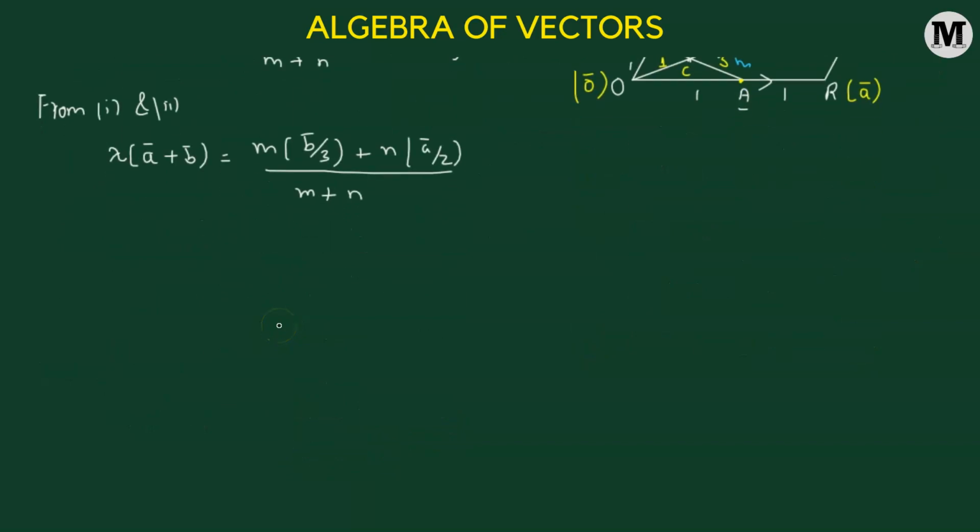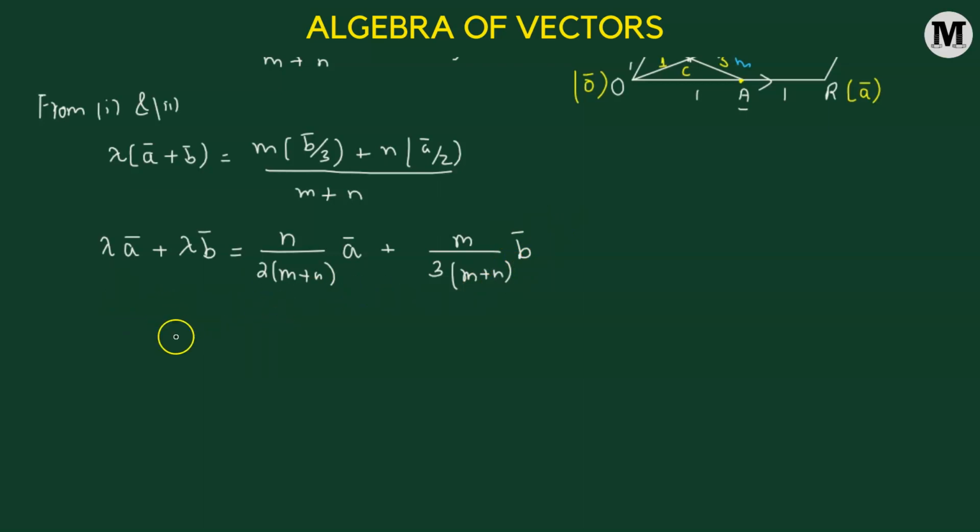Okay, so let's try to arrange the terms. On the left hand side we have lambda times A vector added to lambda times B vector, which equals n over 2 times (m plus n) multiplied by A vector, added to m over 3 times (m plus n) multiplied by B vector.